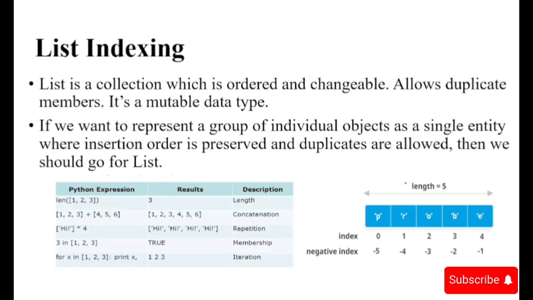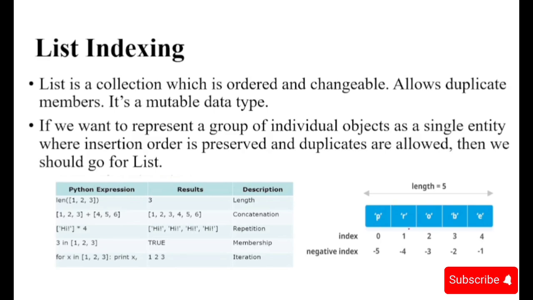First, we can do positive indexing, or we can do negative indexing. Positive indexing is where we index from the left side to the right side, and negative indexing is where we index from the right side to the left-hand side. So here is an example.